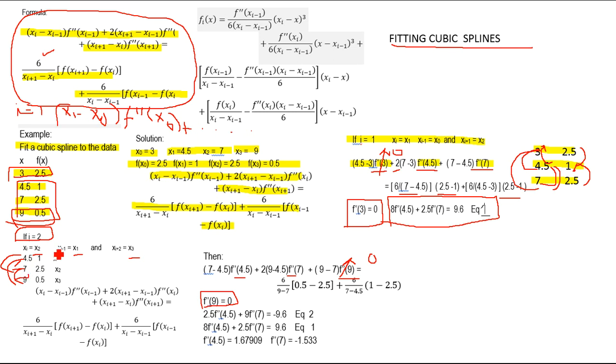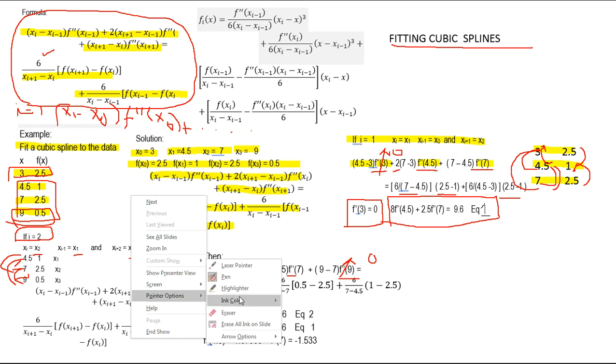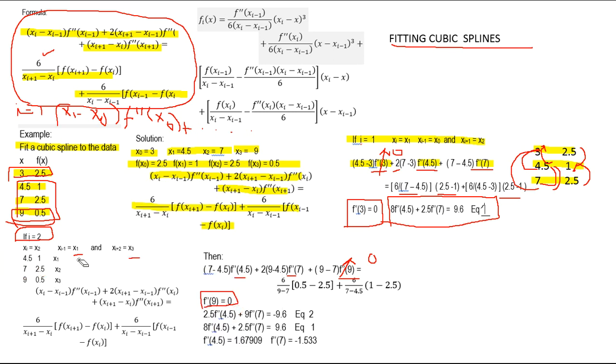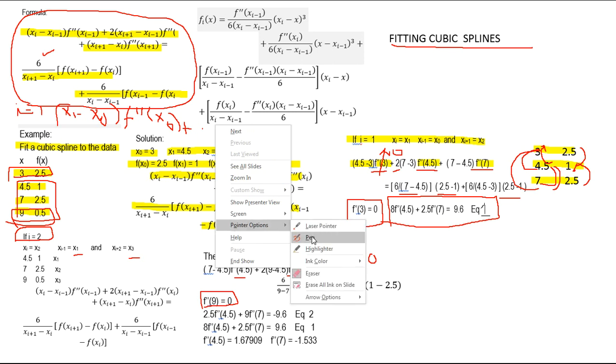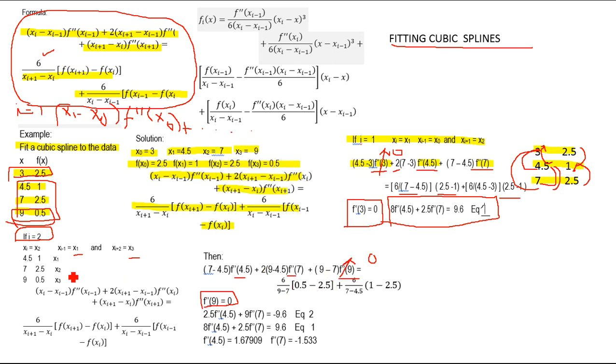Yung pattern ulit dito sa nasa right side, ito ulit, 0.5 minus 2.5, 9 minus 7, and then 1 minus 2.5, at saka 7 minus 4.5, yan lang mababago yung direction. And then compute, set f double prime 9 is 0 because nasa endpoint siya, and then you generate the next equation there.